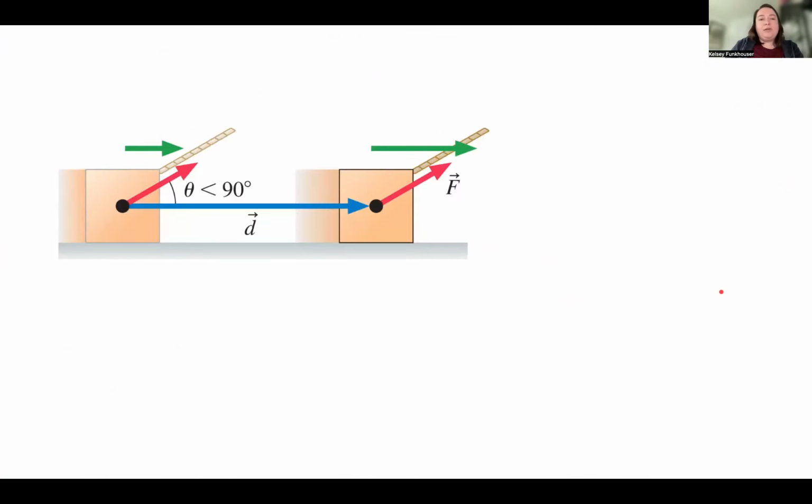We have another example. In this one, the force is applied at an angle, but that angle is less than 90 degrees. So the work done is the force times the distance times cosine of that angle, and cosine of an angle of less than 90 degrees is positive.